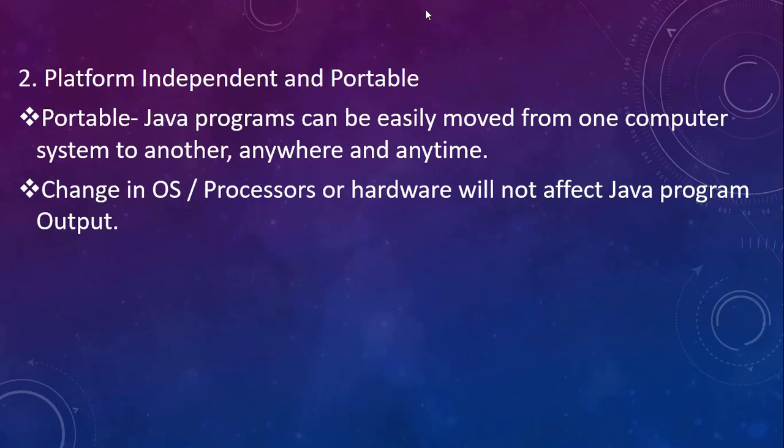Of course, Java, the JDK, will have to be installed again for that particular operating system. I will be able to run the same program which earlier worked on a Windows XP machine, and now it will work on a Windows 8 or Windows 10 machine also without any problem. That is called platform independent, irrespective of processor, OS or hardware. It will not affect the Java program. This is called platform independence.